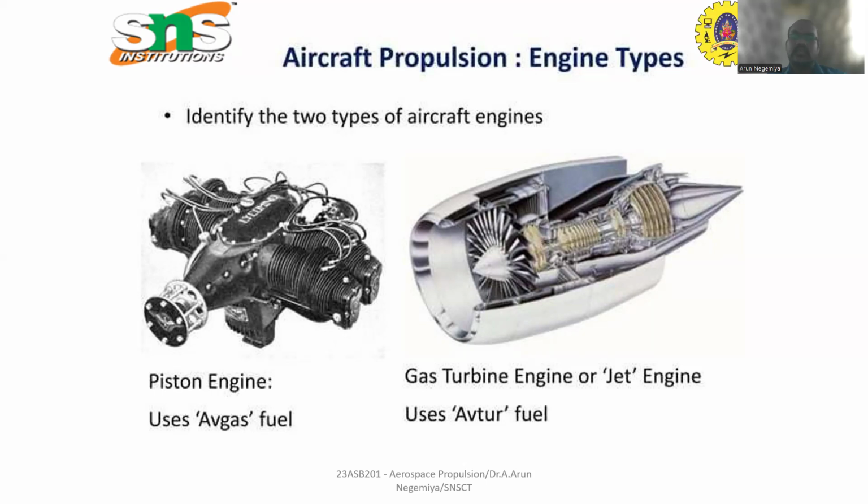Piston engines use fins, which are utilized to reduce the formation of heat during running time. Gas turbine engines have no fins. Here they use the nozzle, and the nozzle is used for cooling purposes.